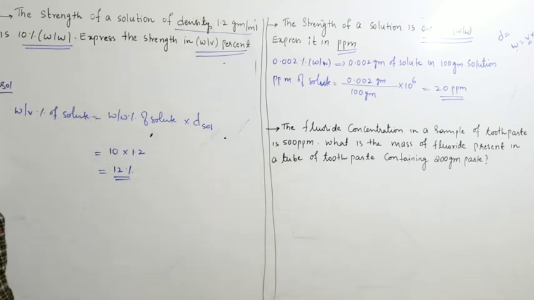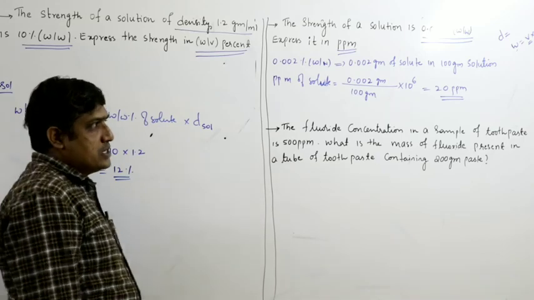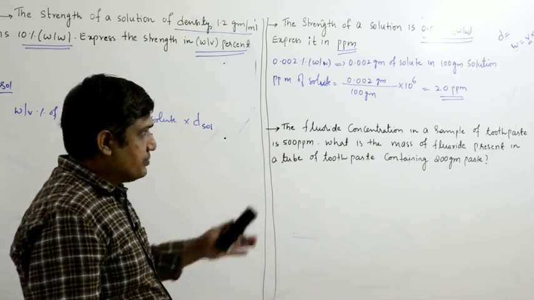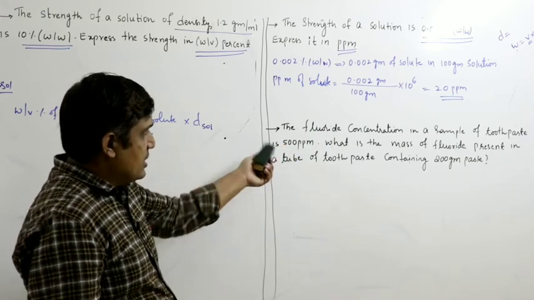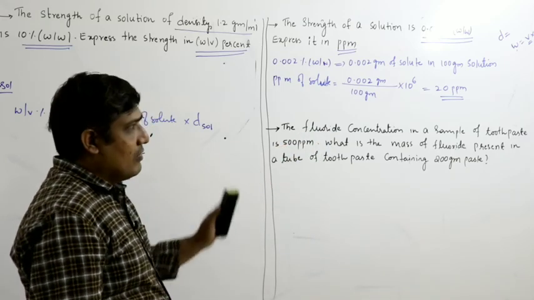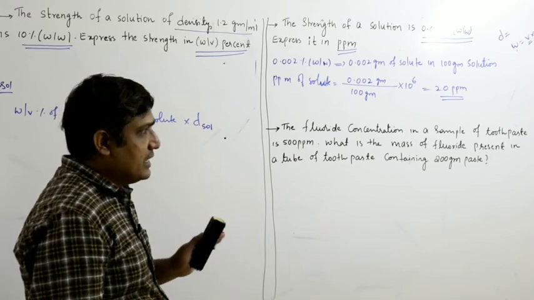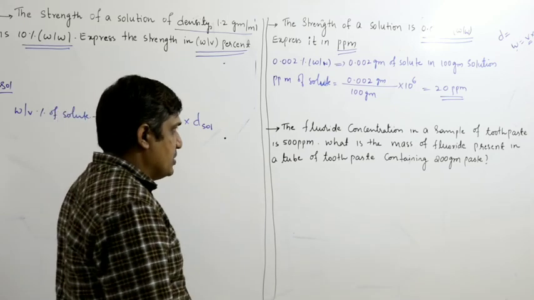Right. Coming to the next question. The fluoride concentration in a sample of toothpaste, the toothpaste which we use to clean our teeth while brushing, is given as 500 ppm. What is the mass of fluoride present in a tube of toothpaste containing 200 grams of paste?